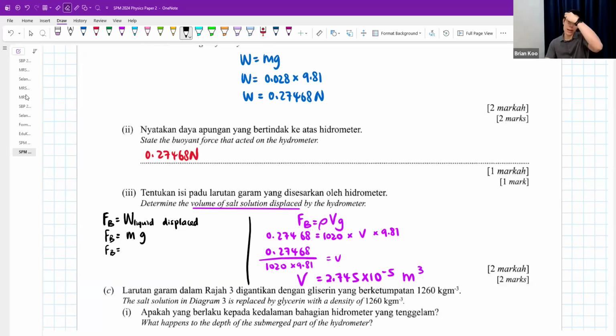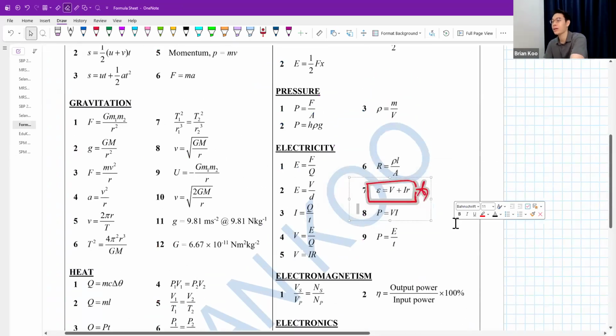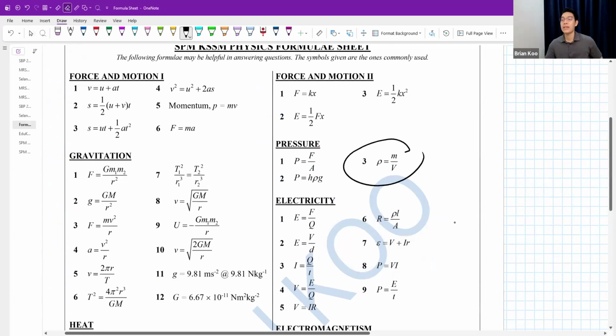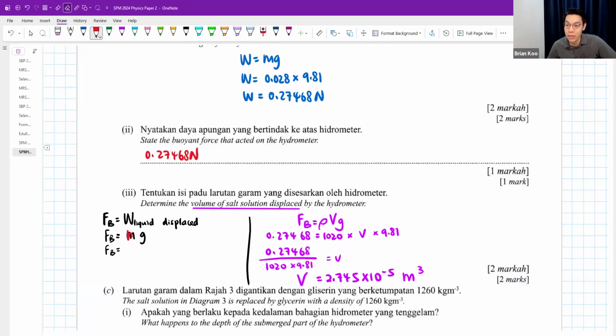That is the reason why, guys, in your pressure chapter, they give you the density formula. They never give you the buoyant force formula, but they give you the density formula because mass is the same as density multiplied by volume. So the mass of liquid displaced is equal to the density of liquid times the volume of liquid displaced. That is how I get the formula.